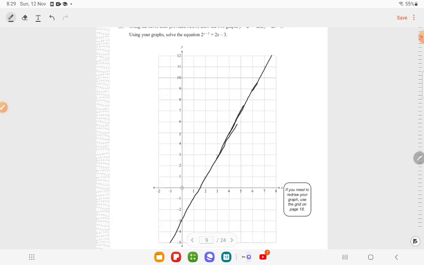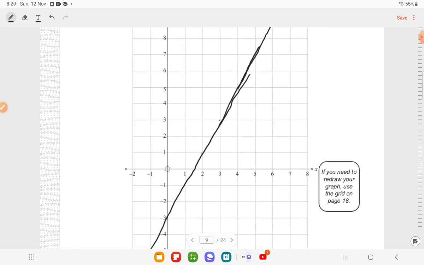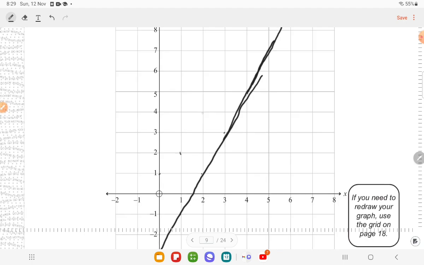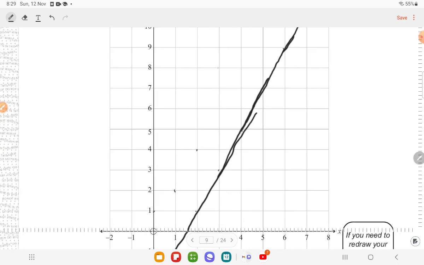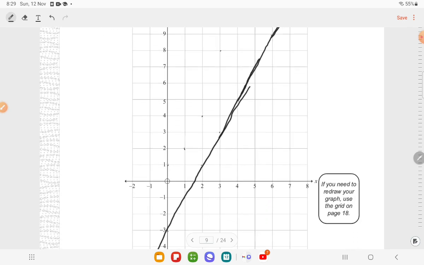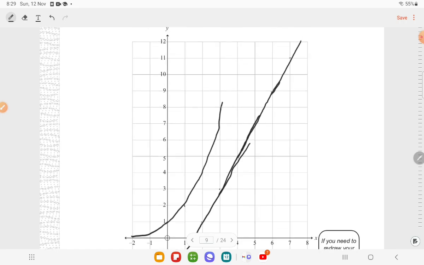Then y equals 2 to the x take away 3. So it goes from 1 to then 2, then 4, then 8, then 16, and yeah, this goes all the way to 0. Then here, and just all the way up.